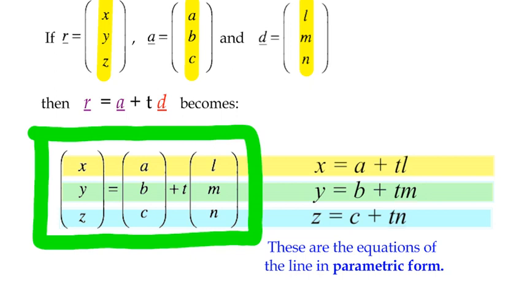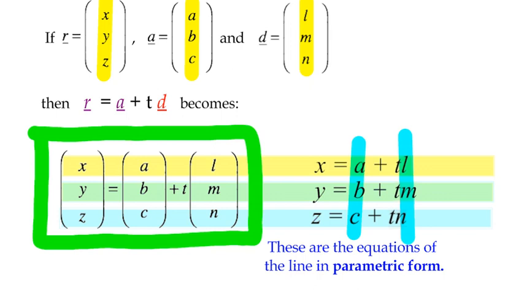Now in that form we have the equation of the line in parametric form. As in any equation of a straight line, we will have numbers to put in here, because a, b, c and l, m, n are numbers that we'll know from our point and our direction vector. The x, y, z's and the t will remain as variables.